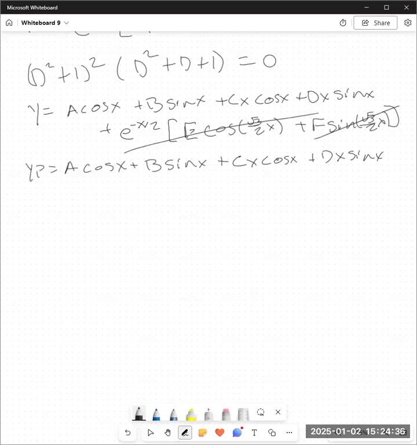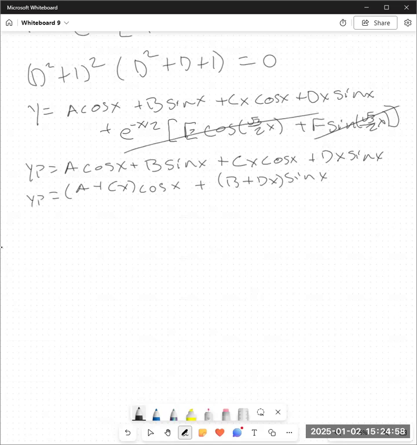So yp, let's go ahead and write this way. So this is A plus Cx cosine of x plus B plus Dx sine of x.